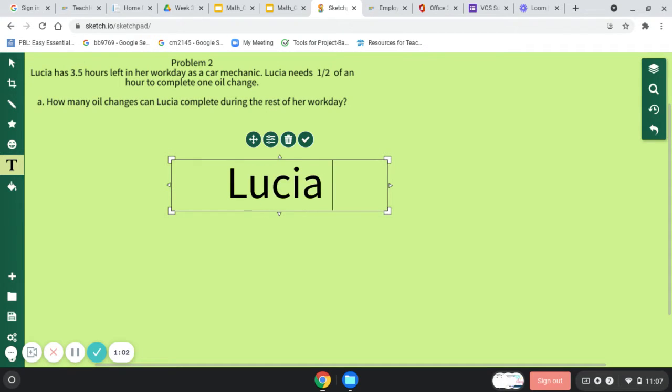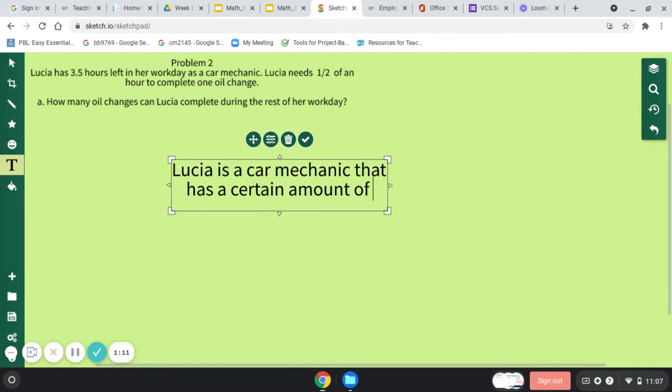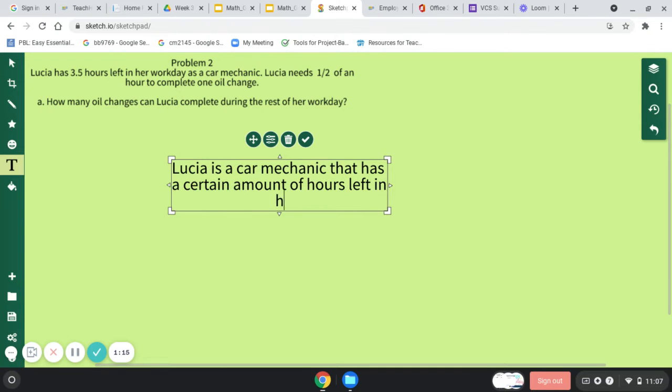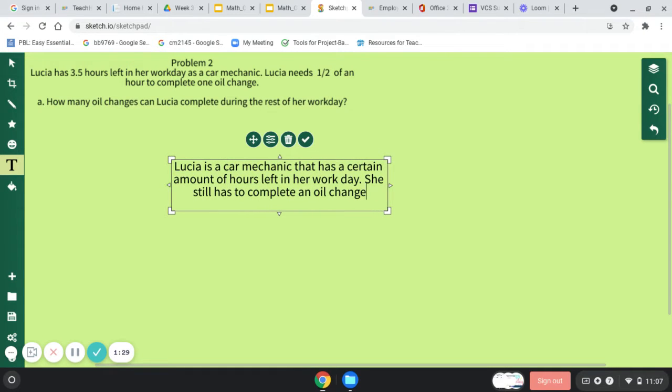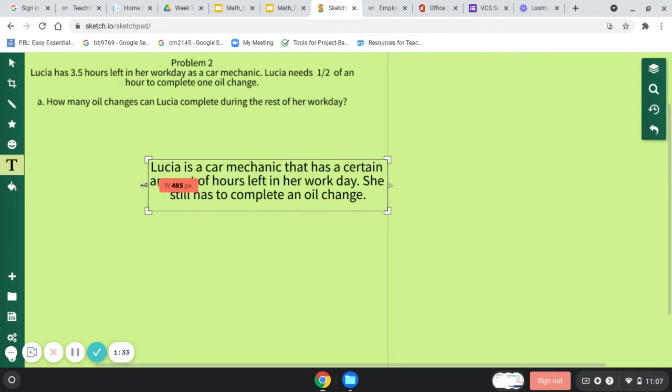So Lucia is a car mechanic that has a certain amount of hours left in her workday. She still has to complete an oil change. Okay, so that's our situation.